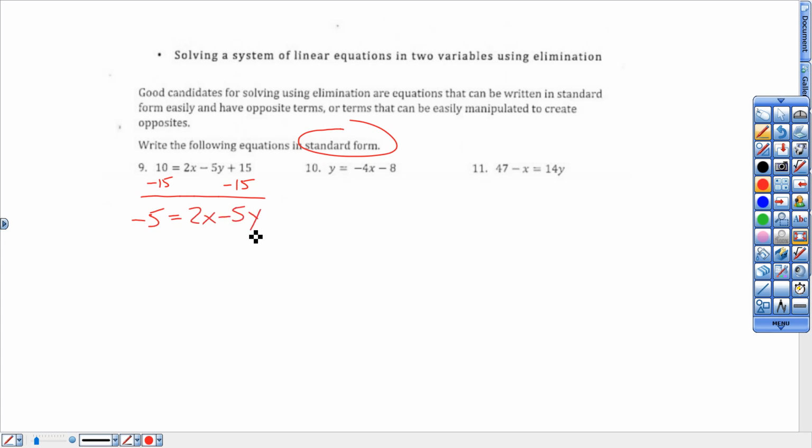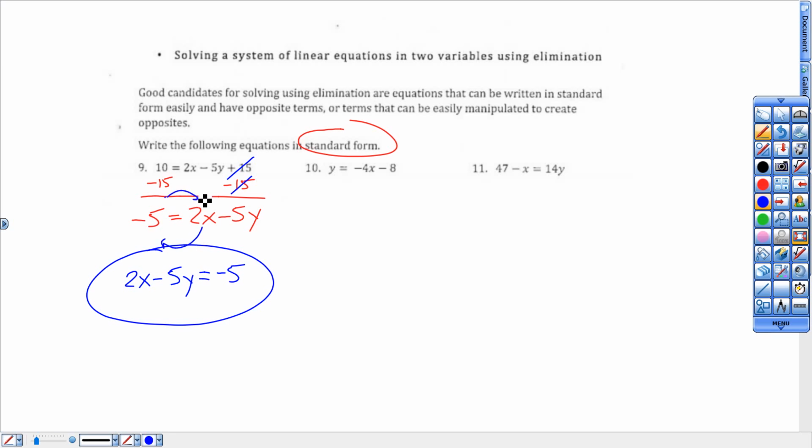And if I want to use a math property that lets me just flip it around, I could just switch it. So this is on the left and this is on the right. That is standard form. I have x and y together, and I have all the numbers on the opposite side. And knowing that you can always flip-flop things in math using that property, it does not change the math.